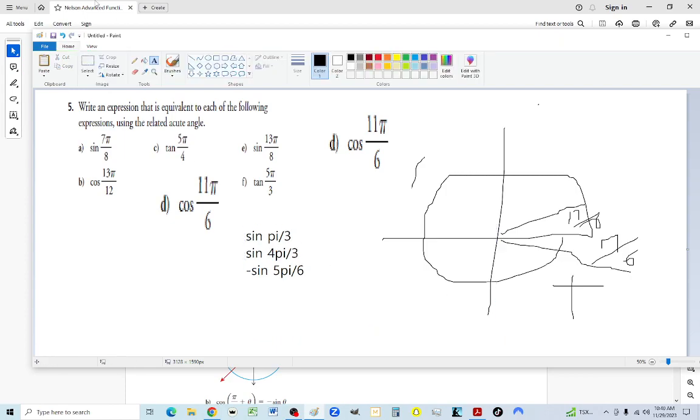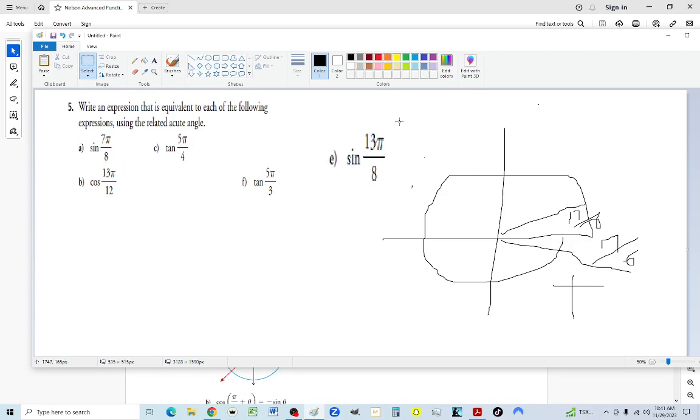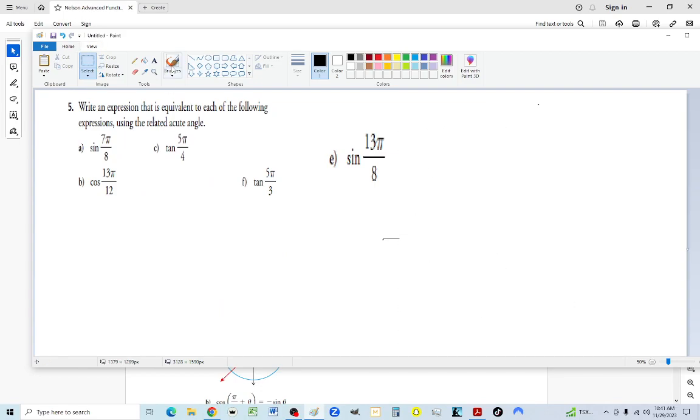So there's endless equivalents. So what about this one? This one goes around fully, and it's just uncertain where it stops. If I take 8 out of the top one, I'm left with 5 pi over 8. So that means I've gone one full 90 degrees and another 5 pi over 8.